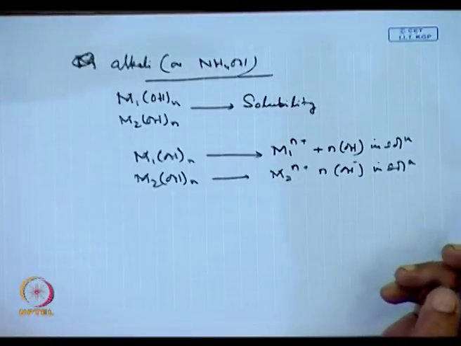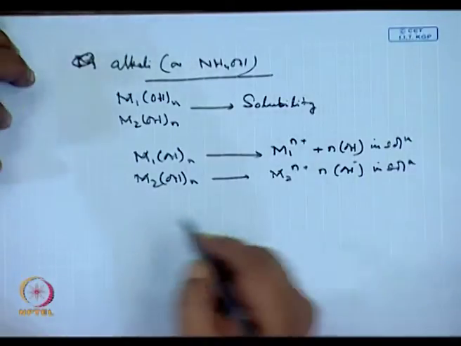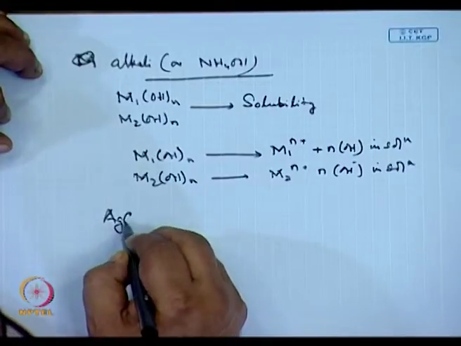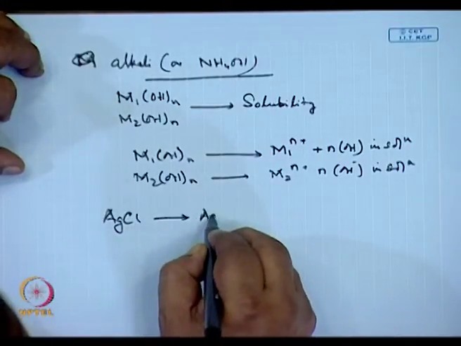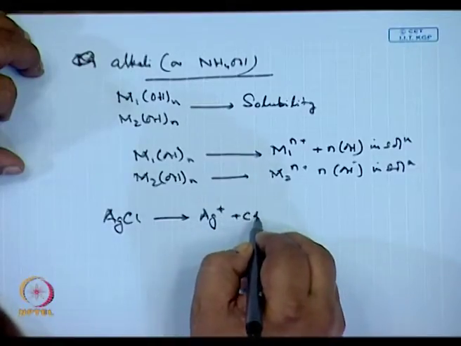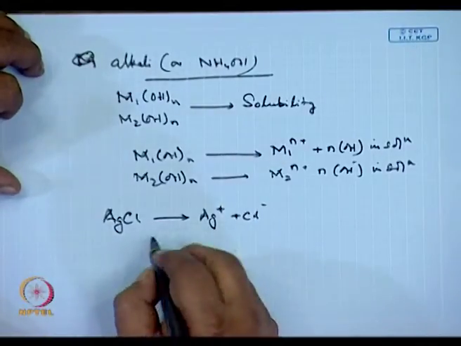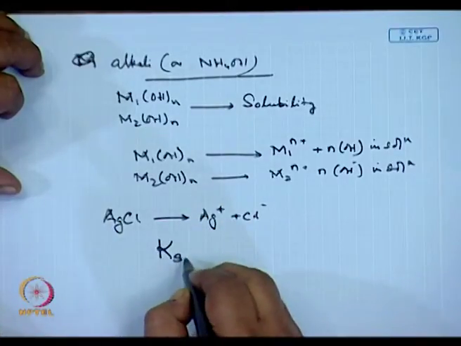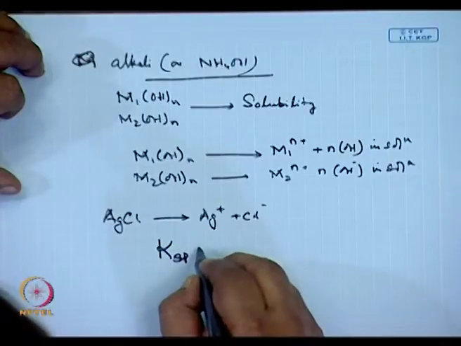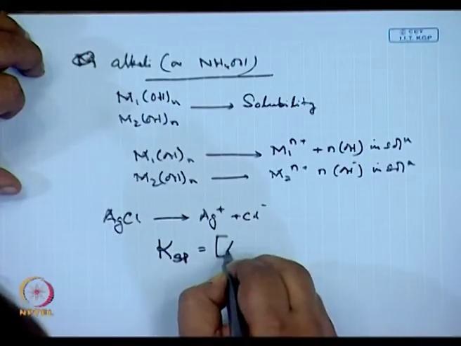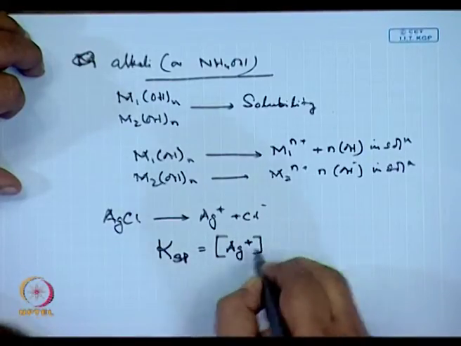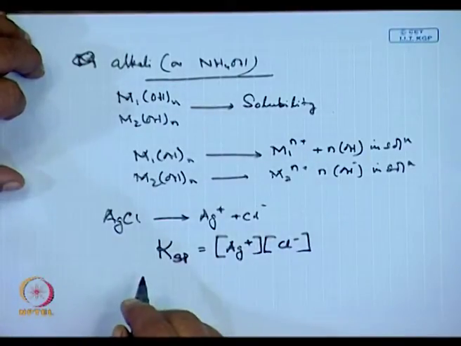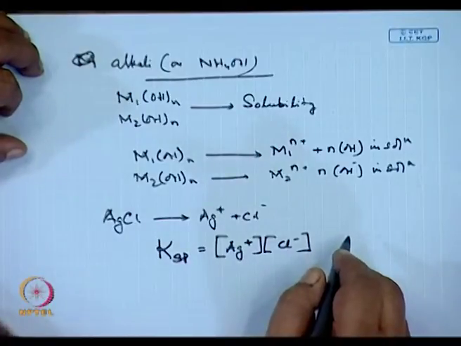If we look at the solubility equation, let me take for example the case of say silver chloride. This will dissociate to give you Ag plus plus Cl minus. If I try to dissolve silver chloride in water, KSP is a solubility product which is basically a multiplication of the activity coefficients of silver ions and chloride ions that are in solution.